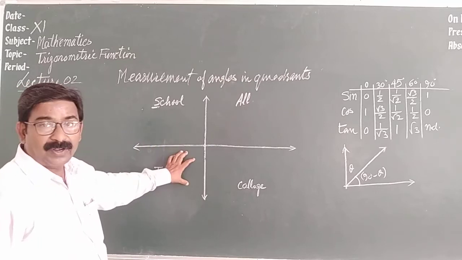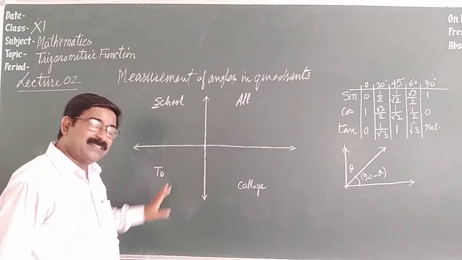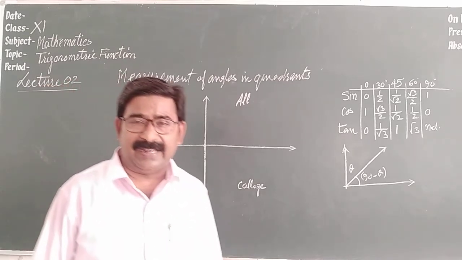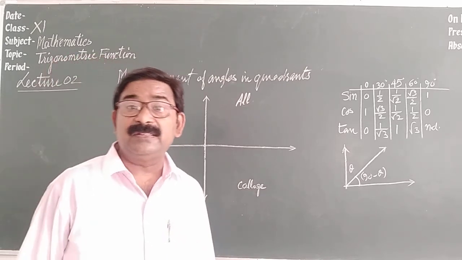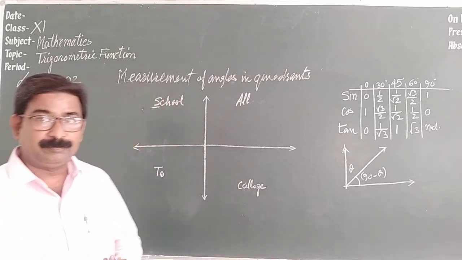Whatever angles come in third quadrant, when you are going to find the value of tan or cot, it is always positive and other 4 are negative.